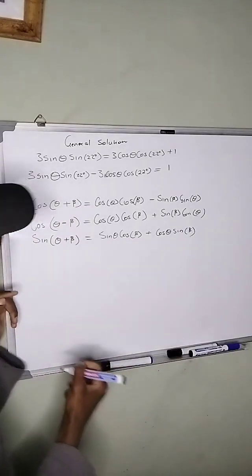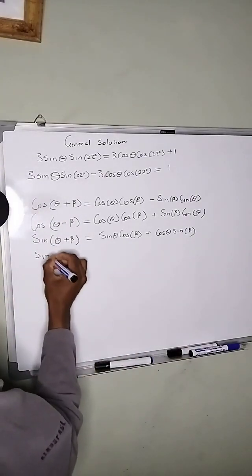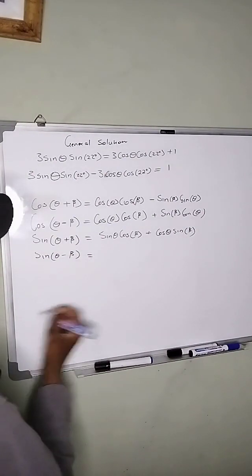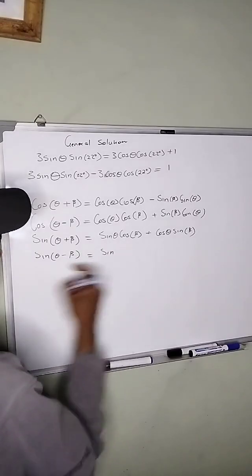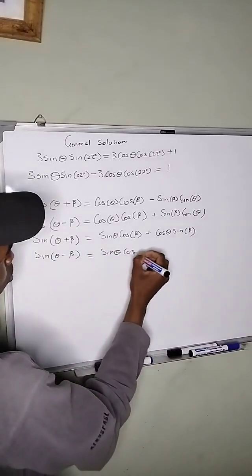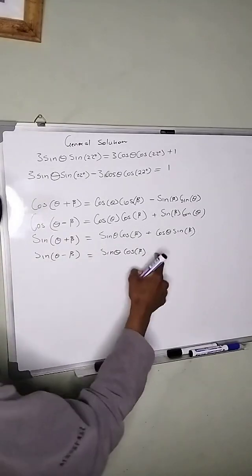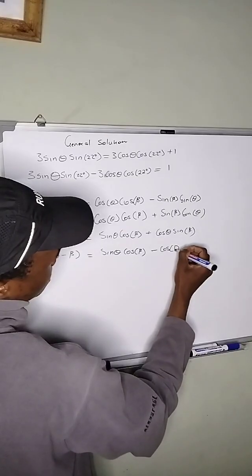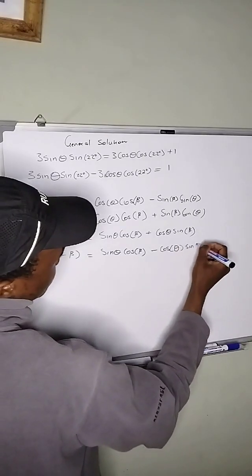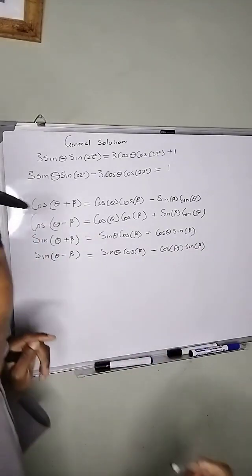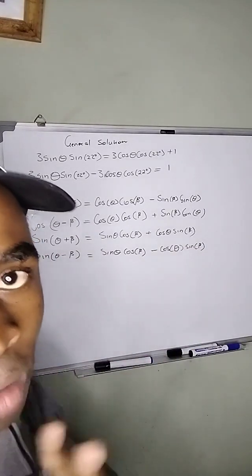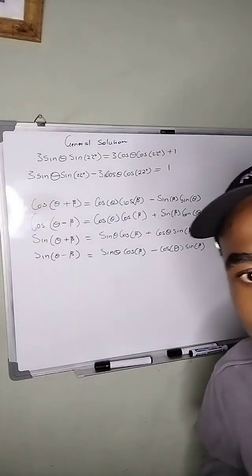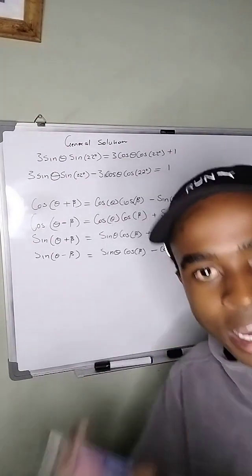And we are going to have another formula for sine theta minus beta, which is going to be sine theta cos beta, negative cos theta sine beta. So these are the four different compound angles that we are having.